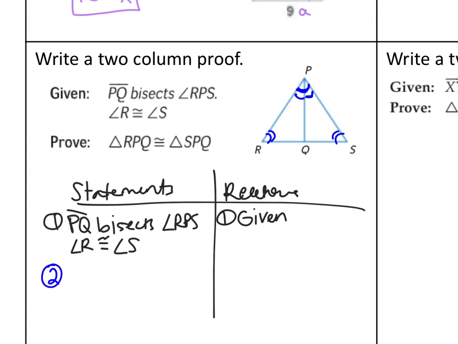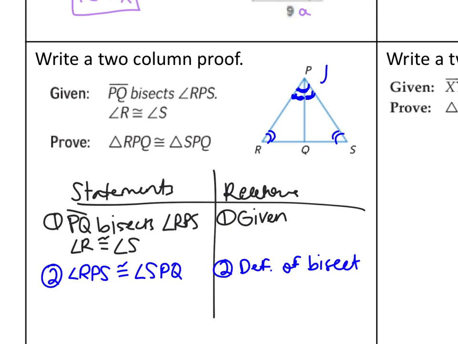So if it's cut in half, we know that each part is congruent. So angle RPS, this angle here, has to be congruent to angle SPQ. Again, the reason why: it's being bisected. Definition of bisect.